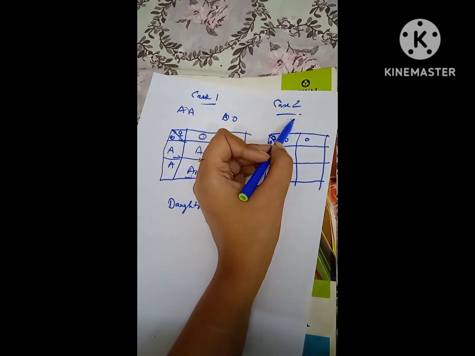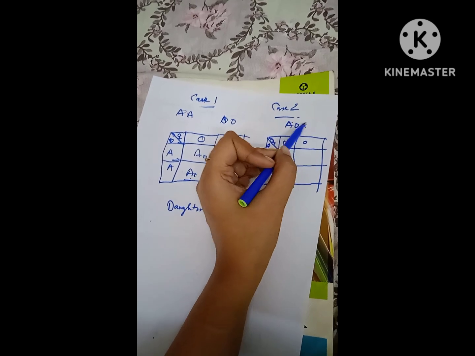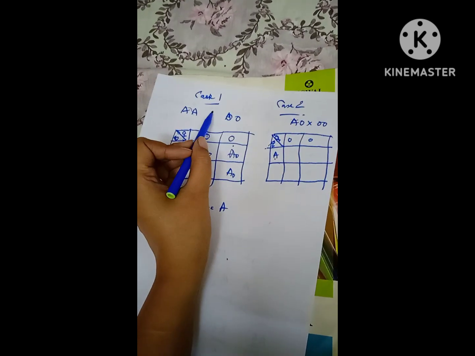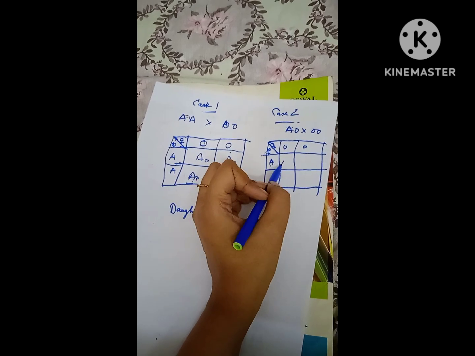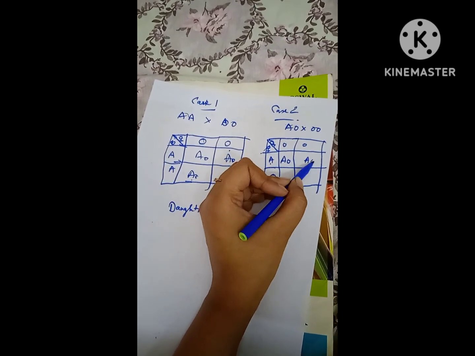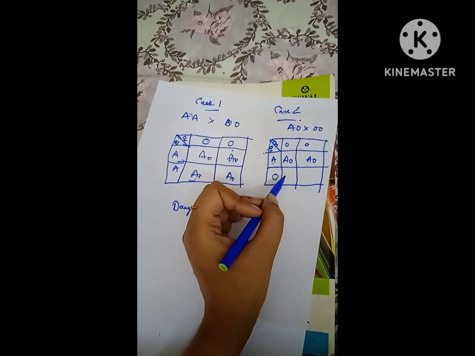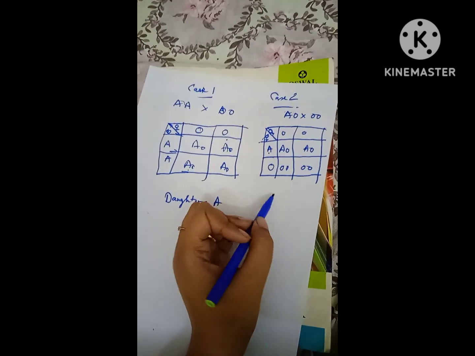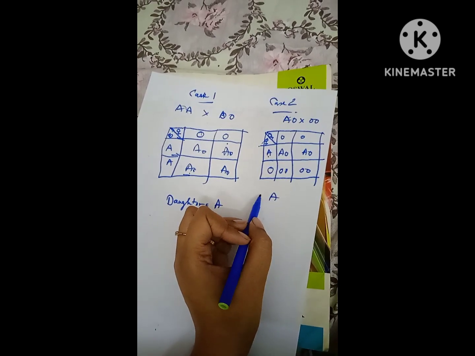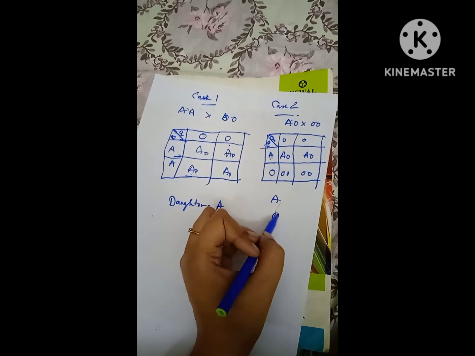The second case is the boy is AO marrying a girl OO. So what are the possible combinations? AO, AO, OO, OO. So over here the child can either have blood group A or blood group O.